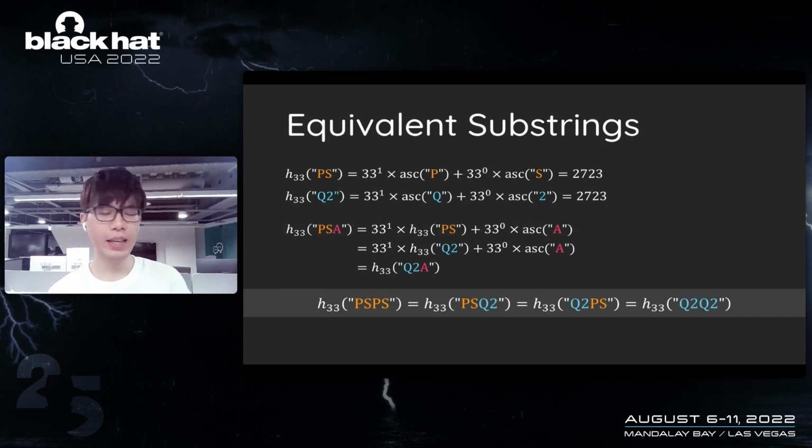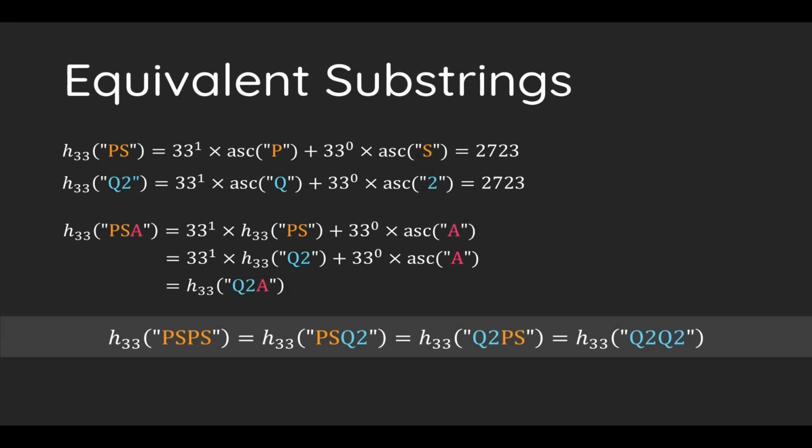And this algorithm has been proven to be collidable by equivalent substrings. When two keys have the same hash, such as PS and Q2, they must be equal no matter what you add before or after them. For example, after you add the letter A, the hashes of PSA and Q2A are still equal.